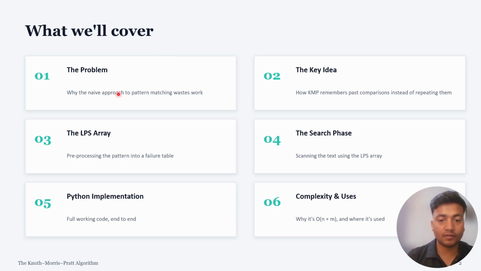In this slide, we cover what is in this presentation. I will explain six topics. First, the problem with the naive approach. Second, the key idea behind KMP. Third, the LPS array. Fourth, the search process.